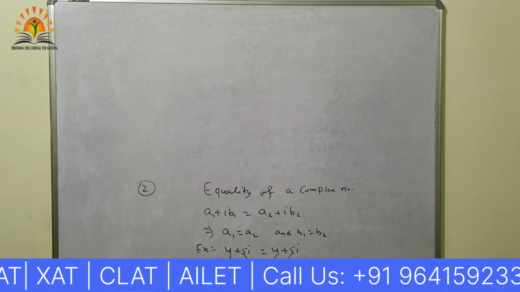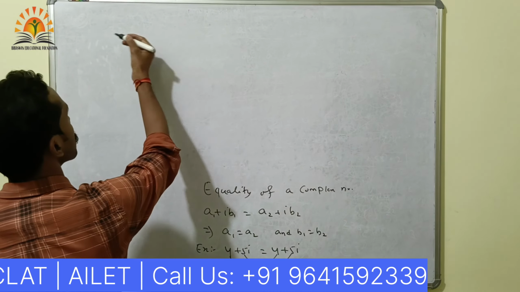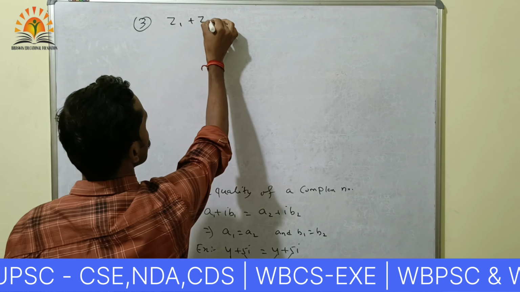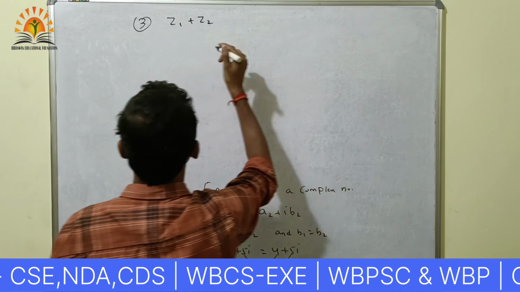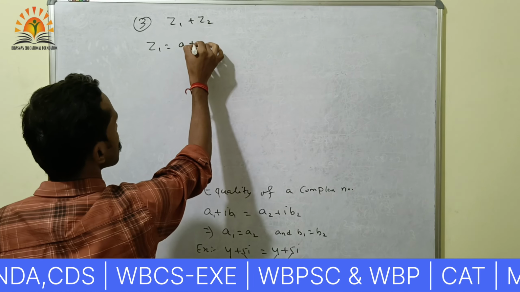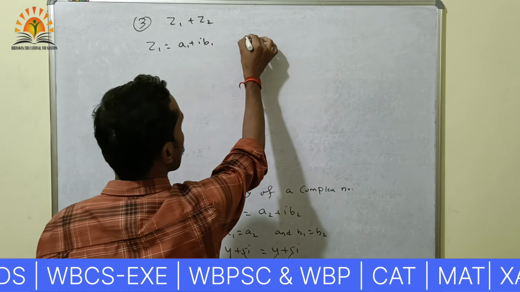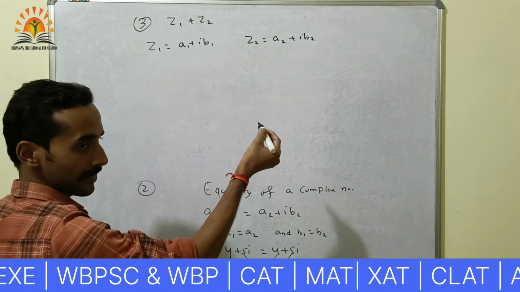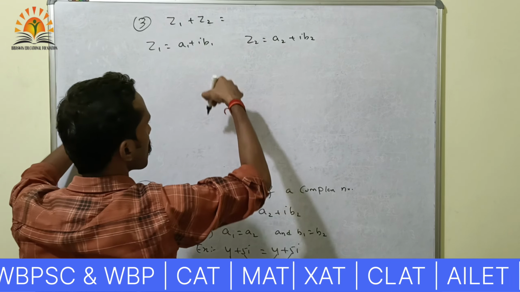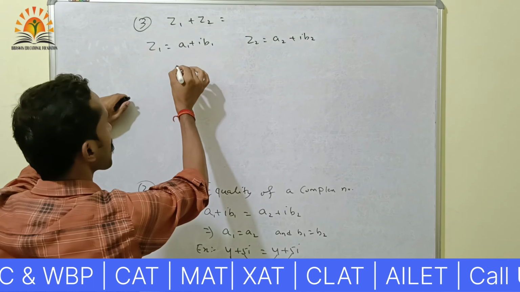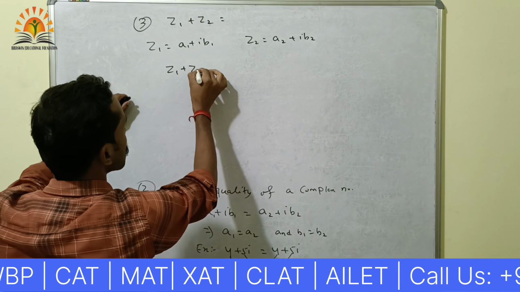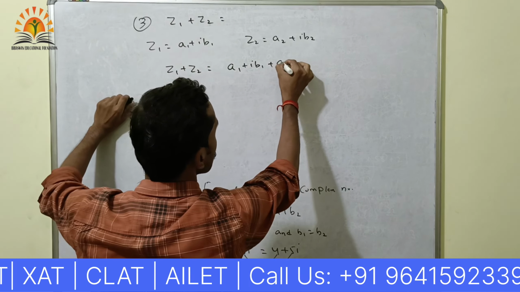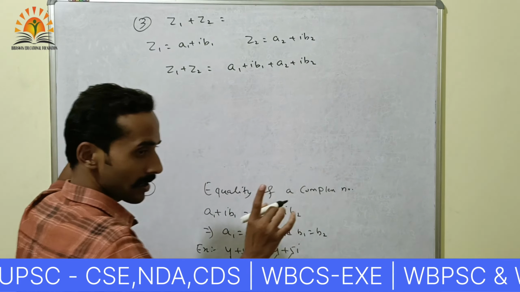Now the third property, addition. Z1 plus Z2. Let us assume Z1 is equal to a1 plus iota b1 and Z2 is equal to a2 plus iota b2. We have to add them. Z1 plus Z2 means a1 plus iota b1 plus a2 plus iota b2. Understood?